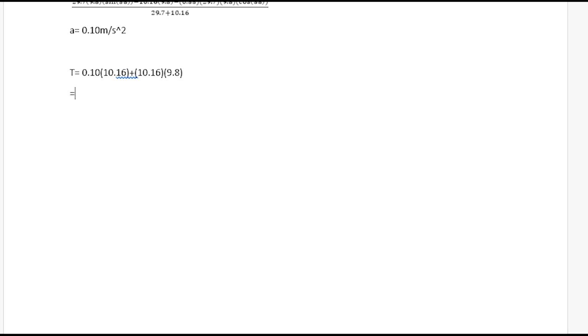So let's convert it to 2 decimal places. It will be 100.58, and our SI unit would be Newton.